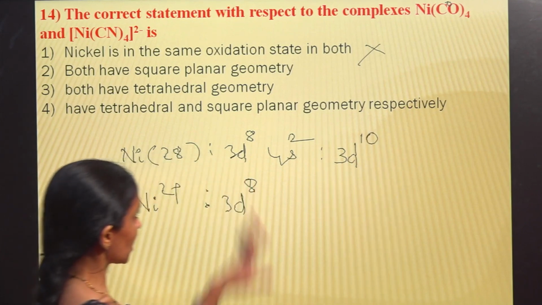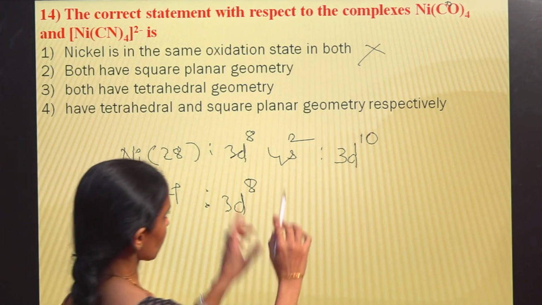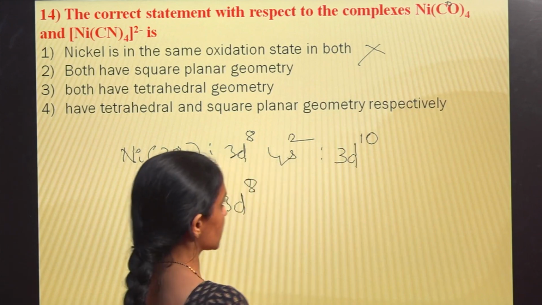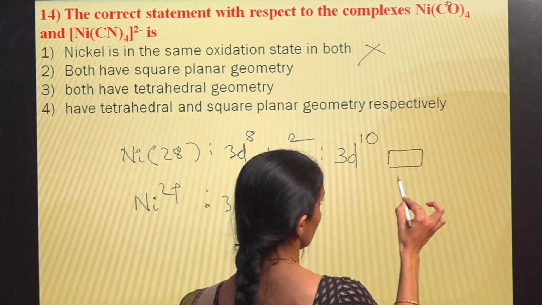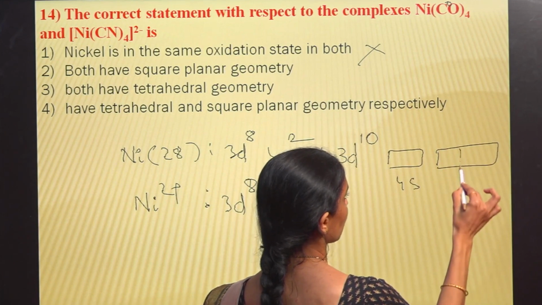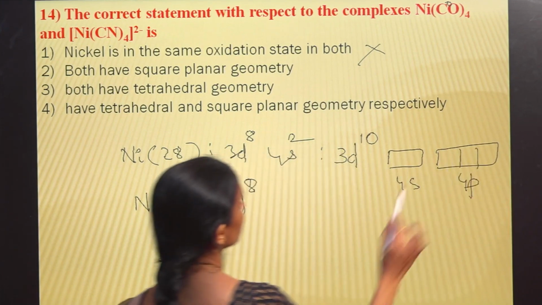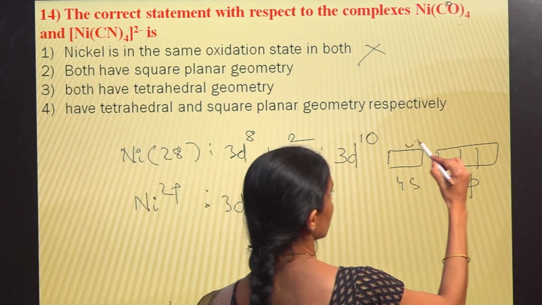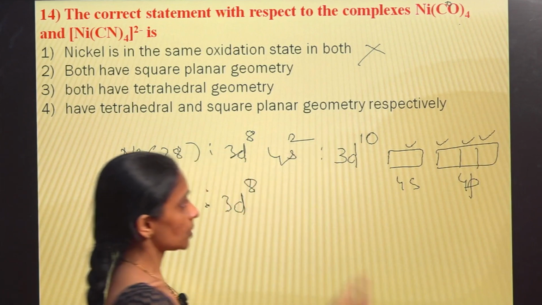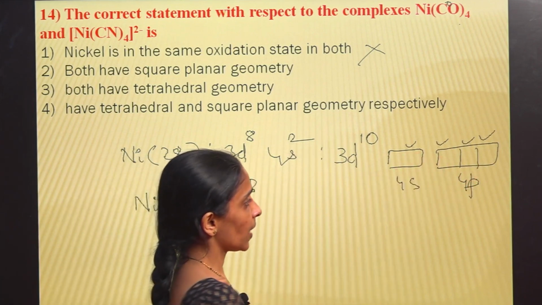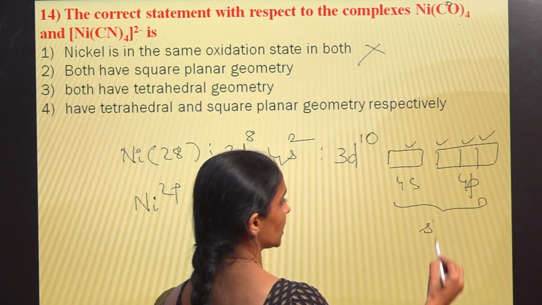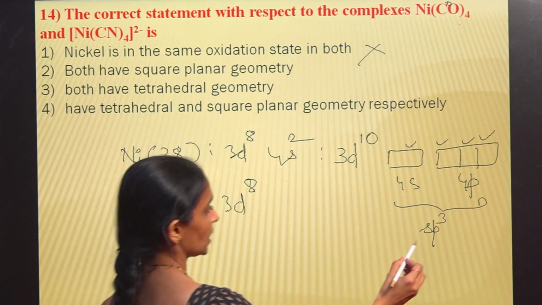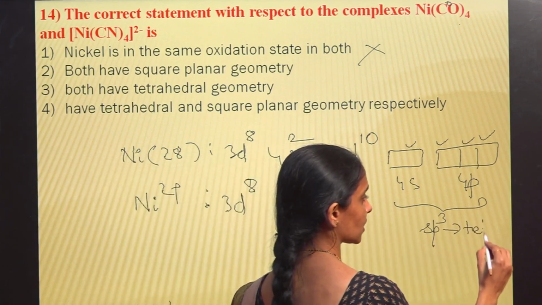In order to accommodate the 4 ligands, we have to make use of 4s and 4p orbitals. No 3d orbitals are available, and to accommodate 4 ligands we need 4 orbitals. So hybridization is sp3. That means the geometry should be tetrahedral.